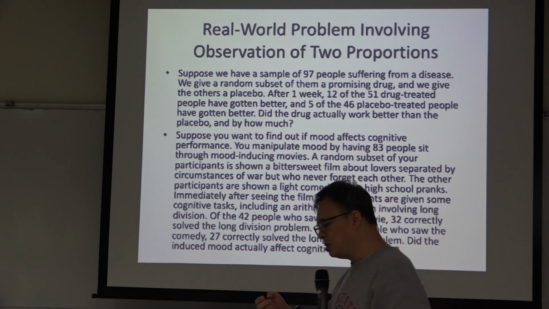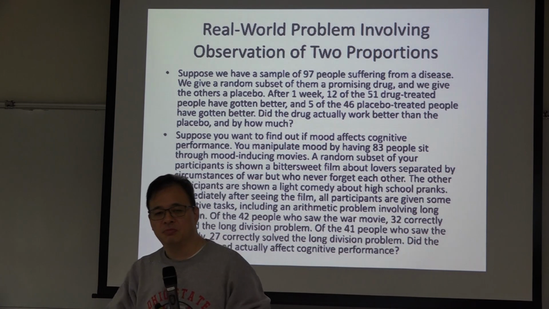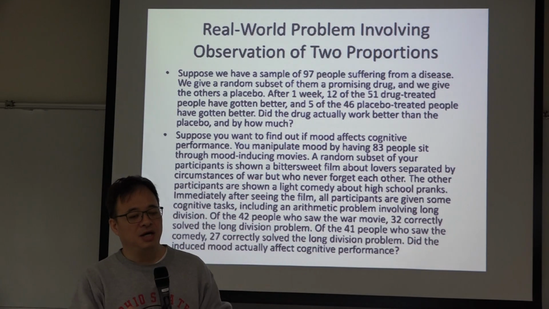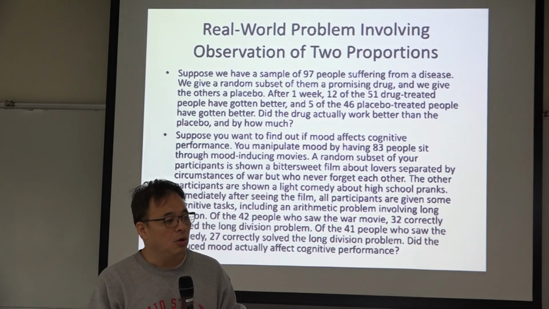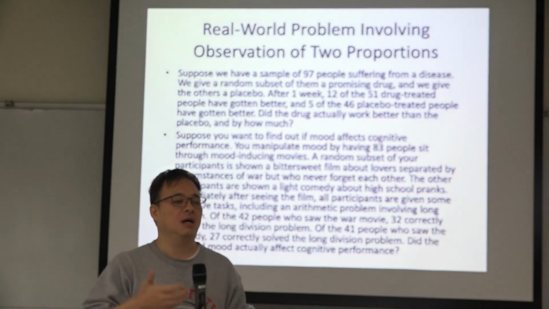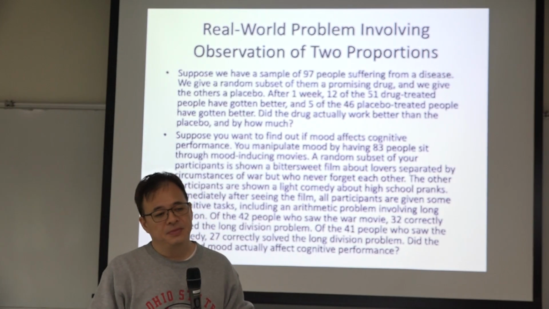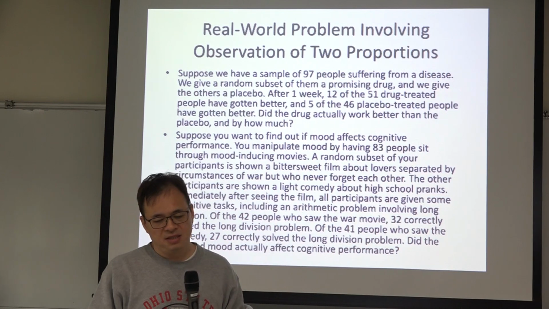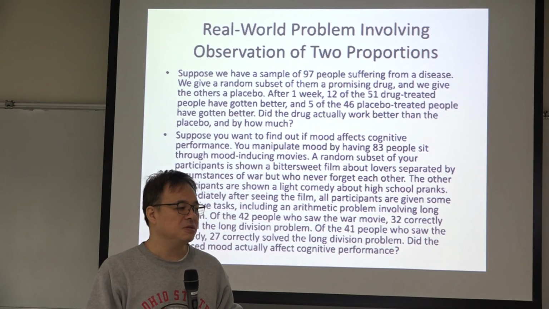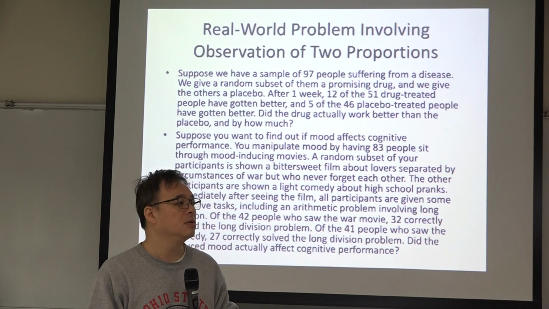For each patient, it's as if you flip a coin, and if the patient feels better, it means the coin flip resulted in head. If the patient doesn't feel better, it means the coin flip resulted in tail.